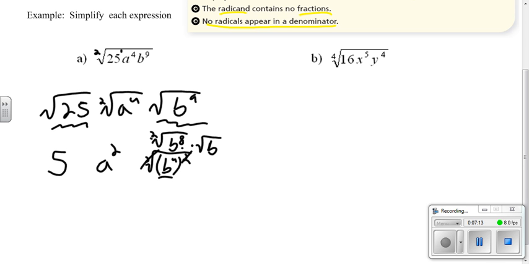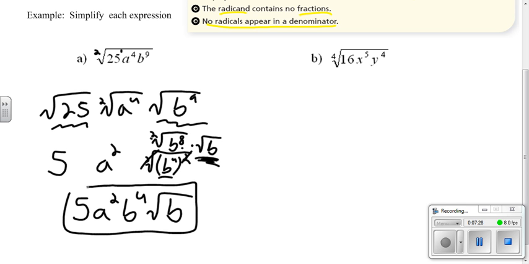So in the end, our final answer for this one is 5, a to the 2, b to the 4, and we can't forget our radical b left on the outside. Our radical b cannot be simplified anymore, so this is our final answer.